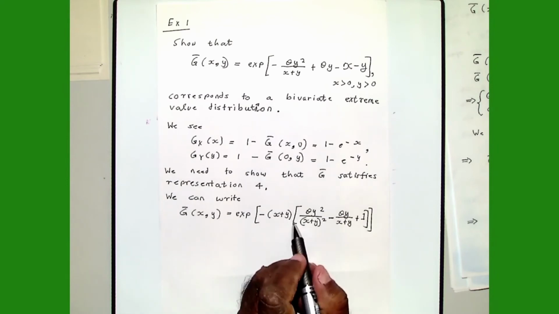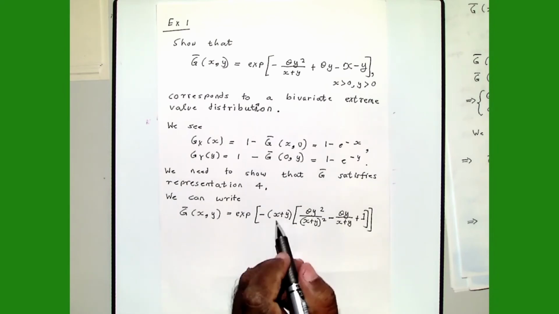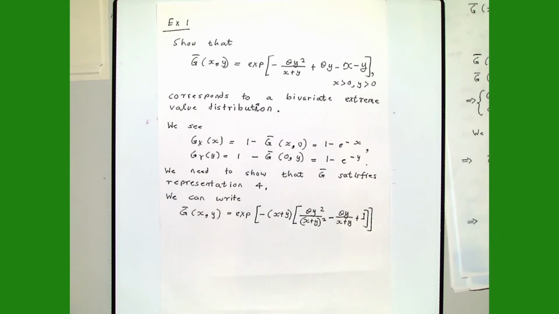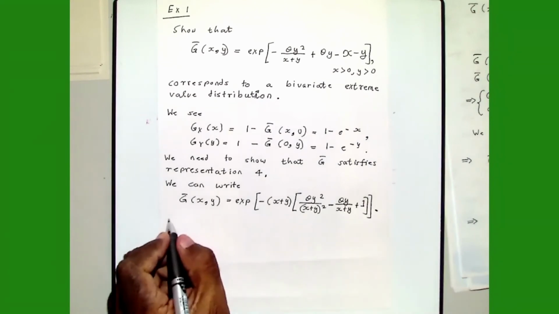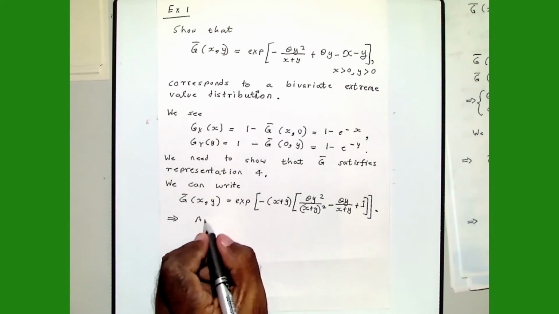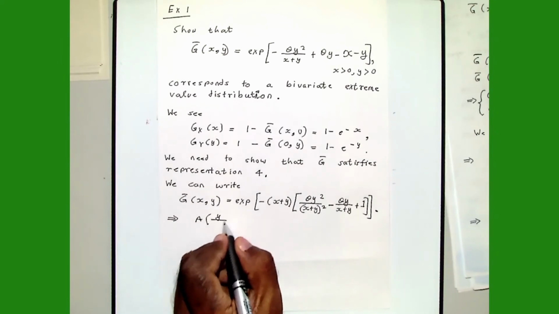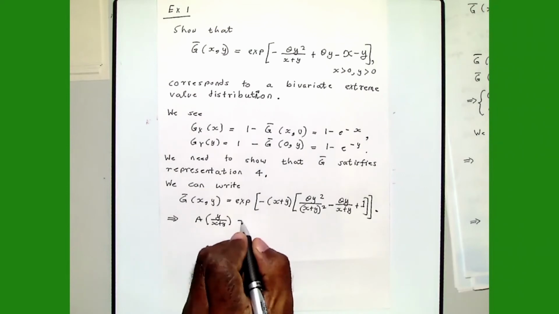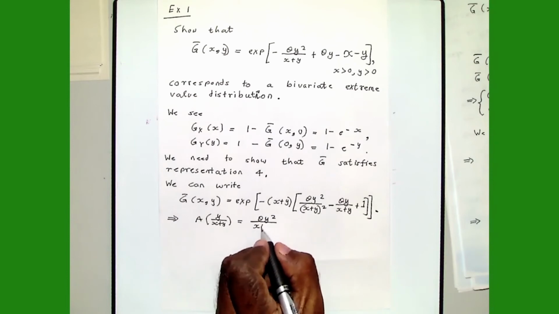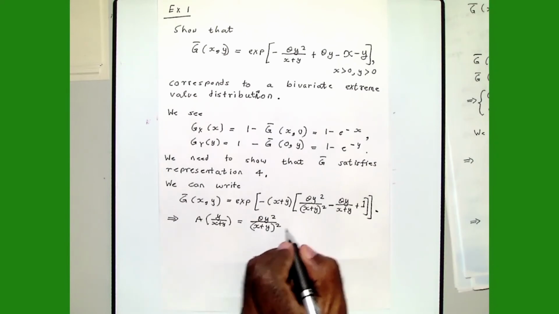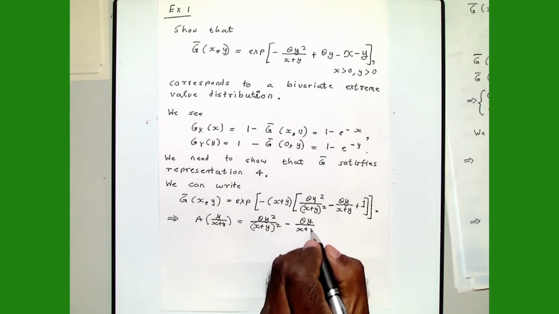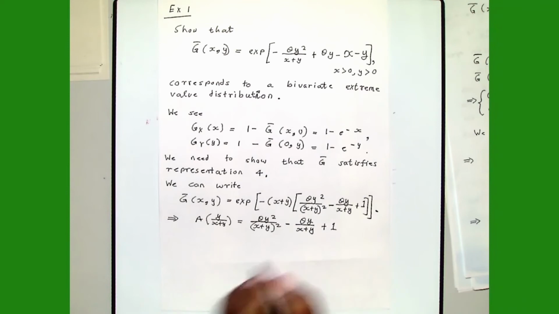I've pulled out the x plus y outside because I want to write this in the form of representation 4. So what this implies is that, according to representation 4, A at y divided by x plus y must be equal to this.